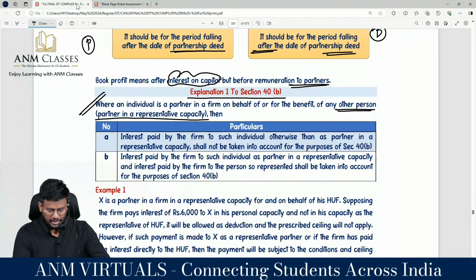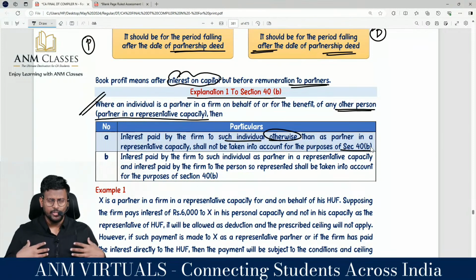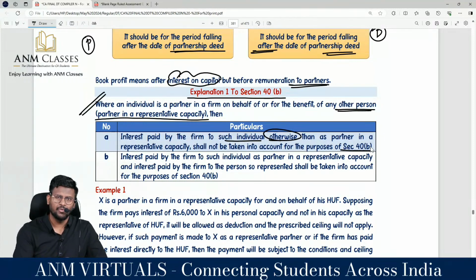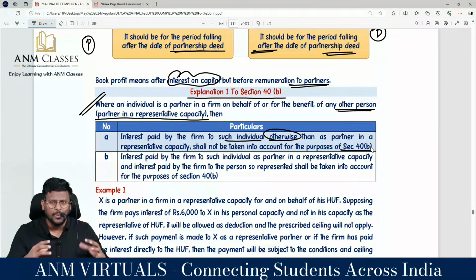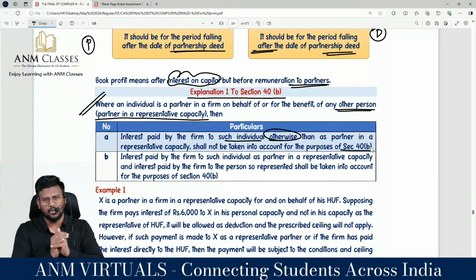Any interest paid by the firm to such individual otherwise than as a partner in a representative capacity shall not be taken into account for the purpose of 40B. That means I am an individual, a partner in a partnership firm in a representative capacity. In my individual capacity, I have given a loan to the partnership firm.